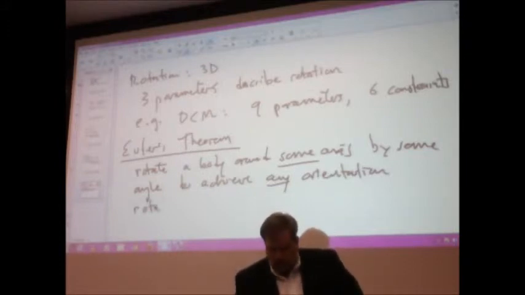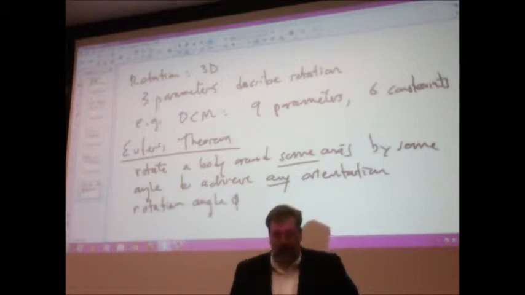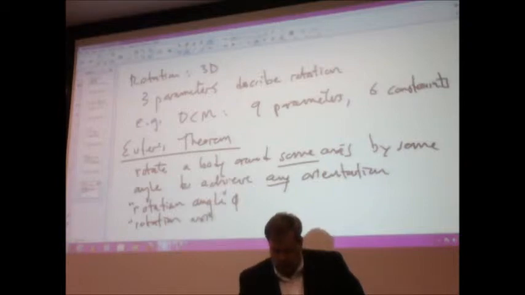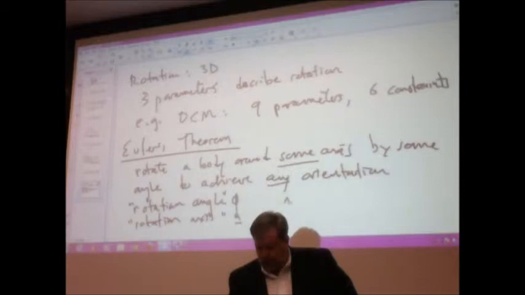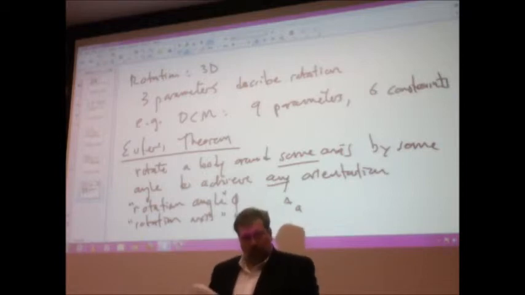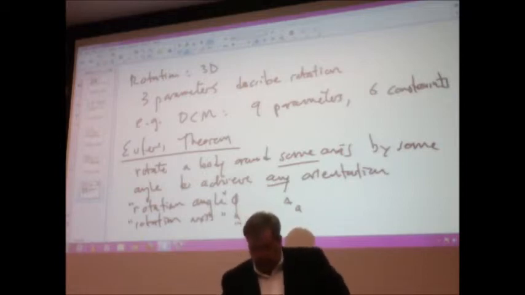We're going to define a rotation angle phi, and then a rotation axis, we'll call it A, writing it as a vector. And if we have 2 coordinate systems, let's say A and B, and we're trying to talk about rotating from one representation into the other, we might write down A as an axis that lives in those basis vectors.